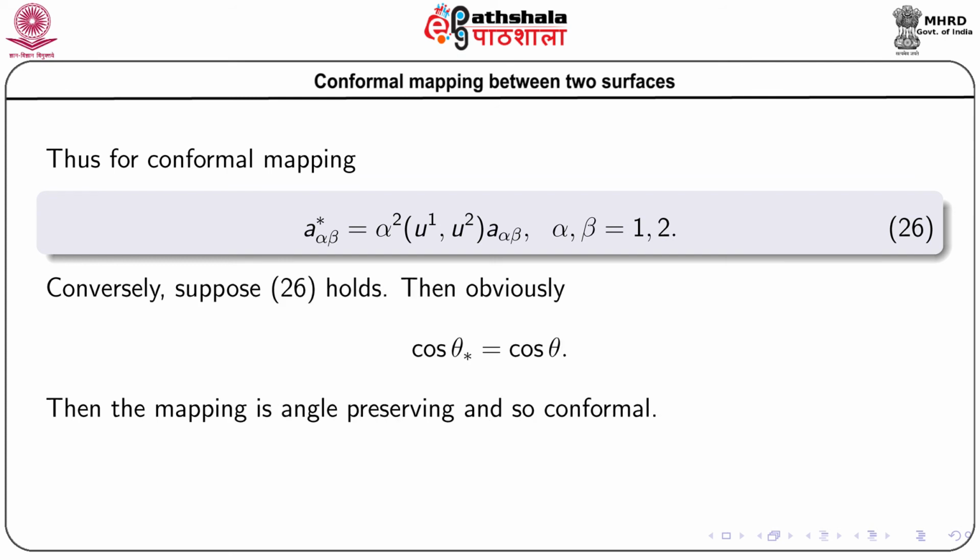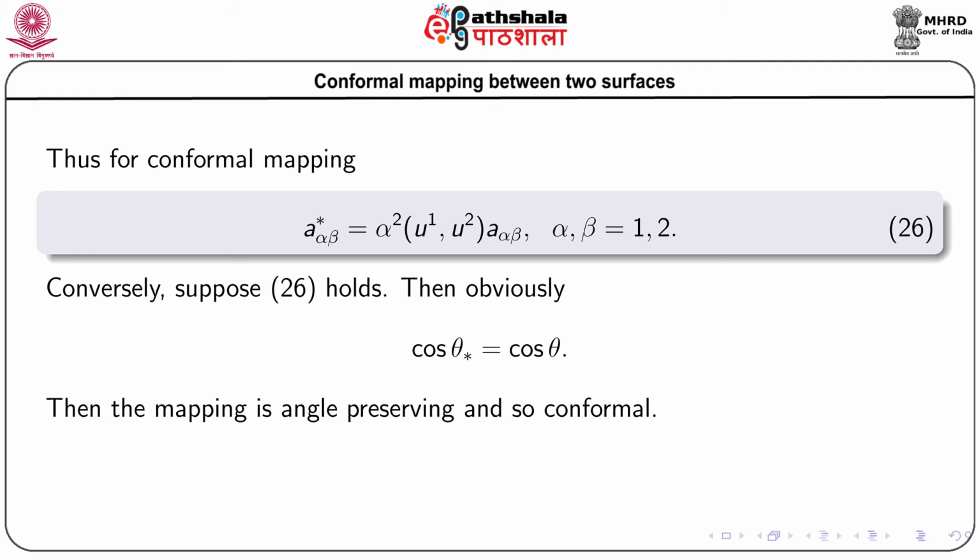Now, conversely, if 26 holds, then obviously we can see that cos theta star equals cos theta. That means the mapping is angle preserving, and so it is conformal. So, we have seen that for conformal mapping, the coefficients of the first fundamental forms are proportional.